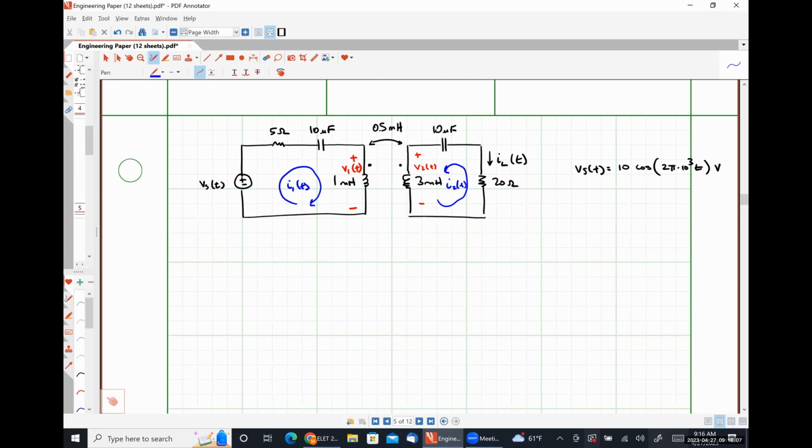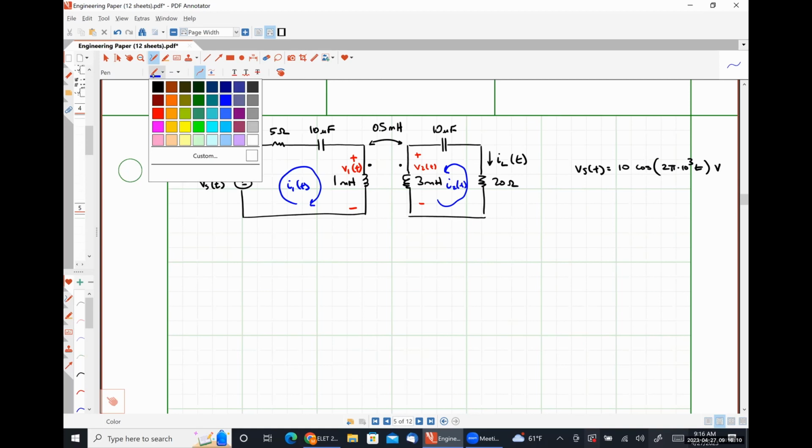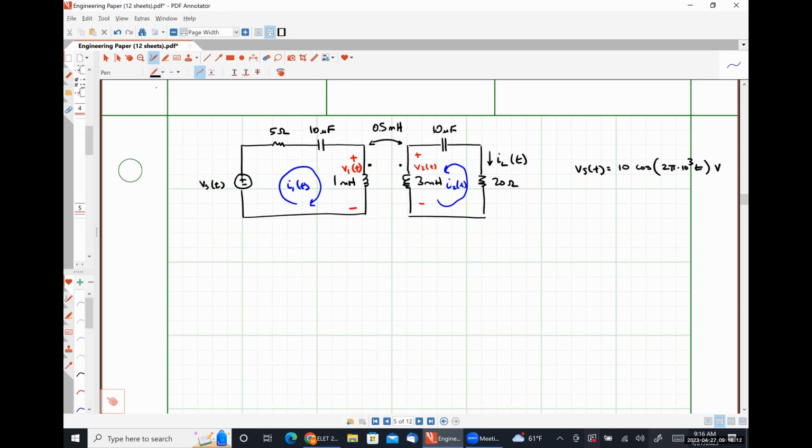So the reason why I'm doing this is we're going to wind up doing KVL around both of these loops. I'm going to define what those time domain voltages are, and then we're going to convert them into the frequency domain in a moment.